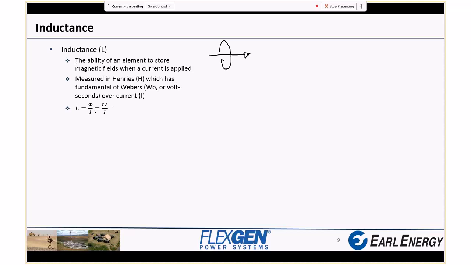This is not a very useful equation from an engineer's point of view using an inductor, so we don't have to spend too much time on it. Oh, I'm sorry, this is over current. That's an I. The inductance is the flux induced over the current applied. Anyway, still not a very useful equation. That's why I don't memorize it, and I make mistakes trying to teach you about it. So don't worry about it too much.